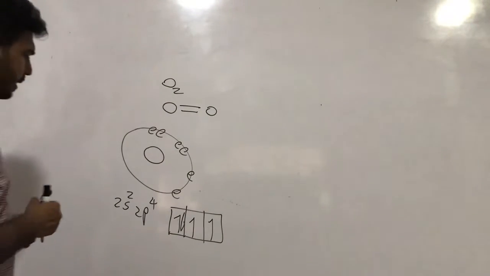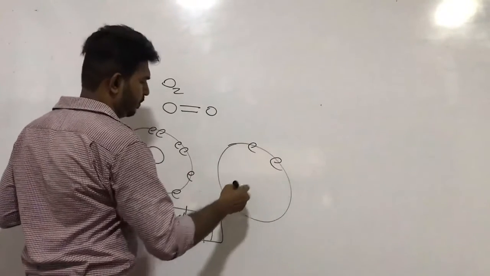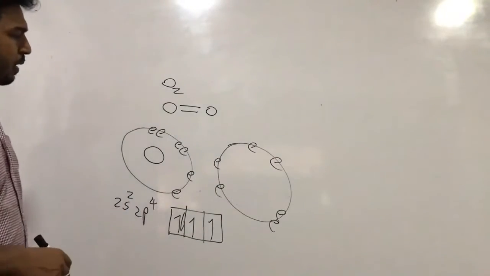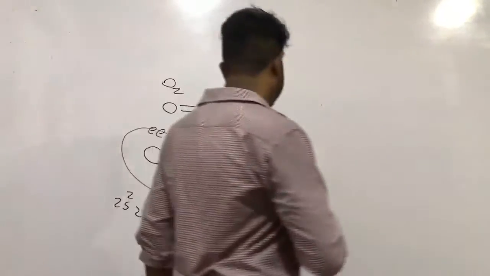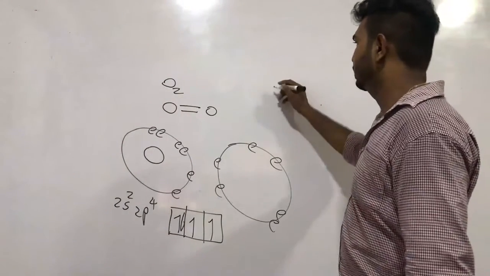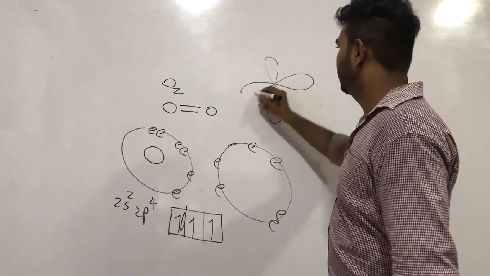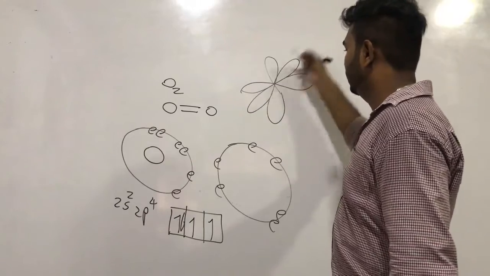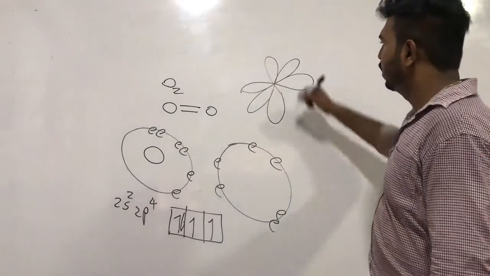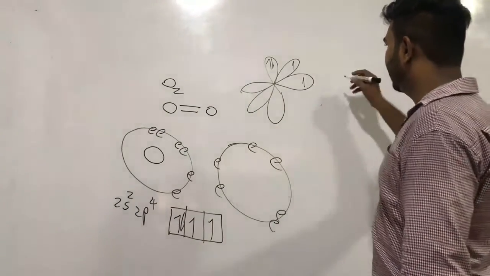So if we consider another oxygen atom, there are another 2 unpaired electrons. If we consider the overlapping phenomena, this one has a p orbital with 2 paired electrons and 2 unpaired electrons.